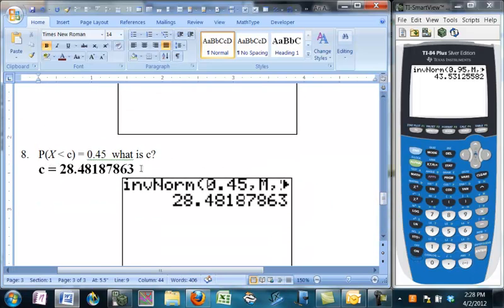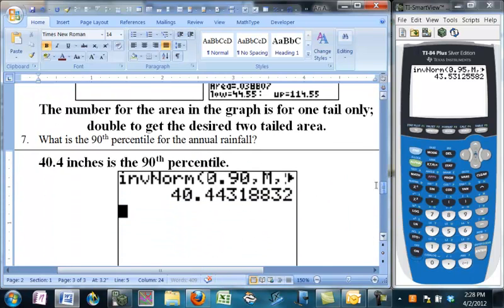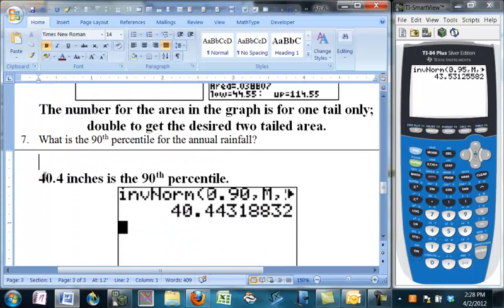The last one, c, is also inches, and we found that by inverse norm of 5, comma, M, comma, S, just in case you can't see everything on the screen. And up here we found it with inverse norm.